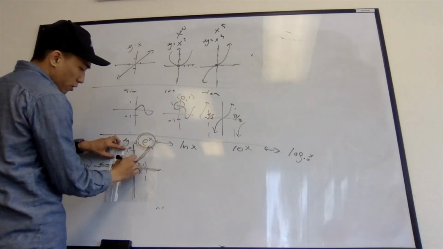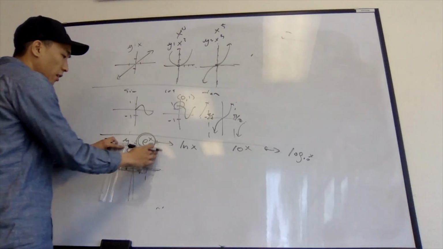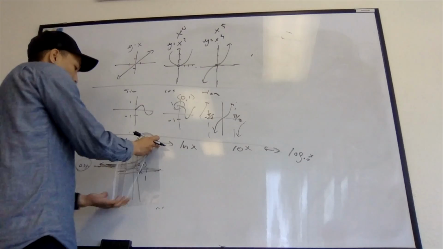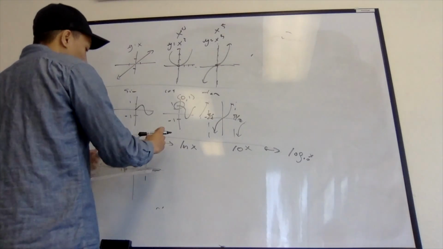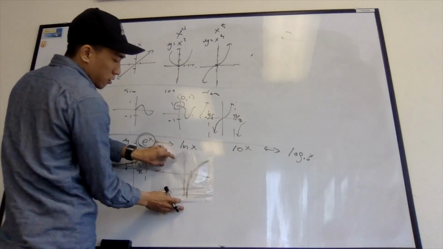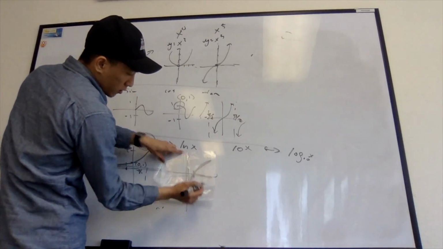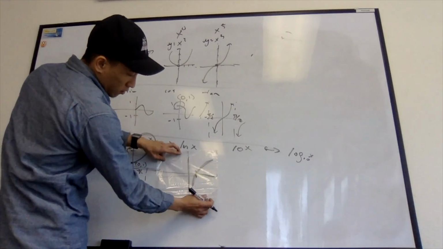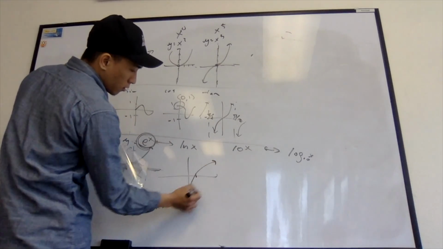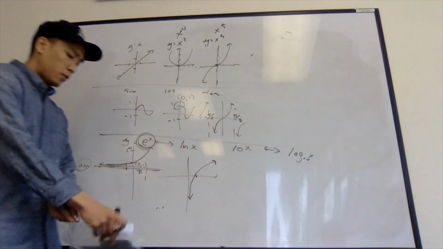What you want to do is take this one and flip it. What I like to do is fold it in a triangle and flip it. That now becomes your graph. That's pretty much the same thing.